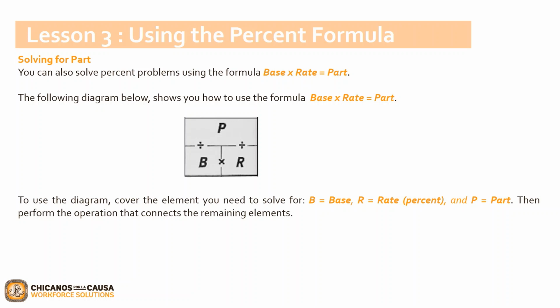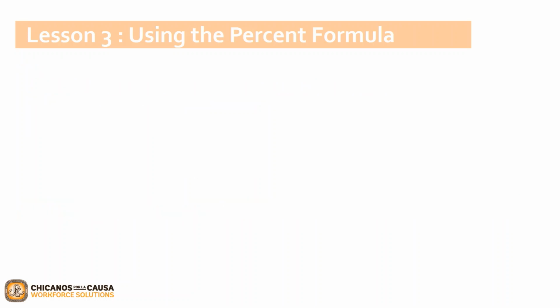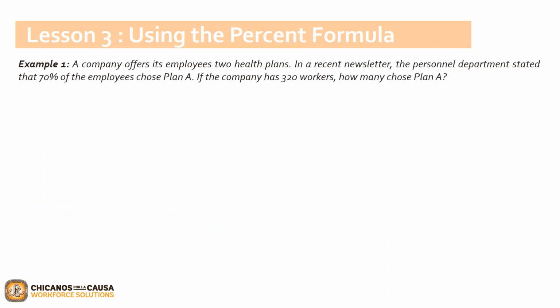Let's now review our first example for lesson 3. Example 1 says, a company offers its employees 2 health plans. In a recent newsletter, the personnel department stated that 70% of the employees chose Plan A. If the company has 320 workers, how many chose Plan A?